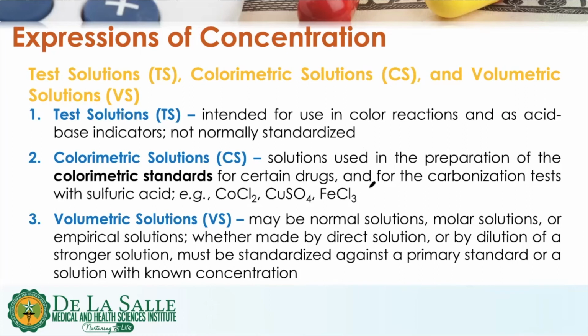What is common among these solutions is that they are colored. We observe the intensity of their color in order to adjust the amount of certain drugs. So they are used as colorimetric standards.